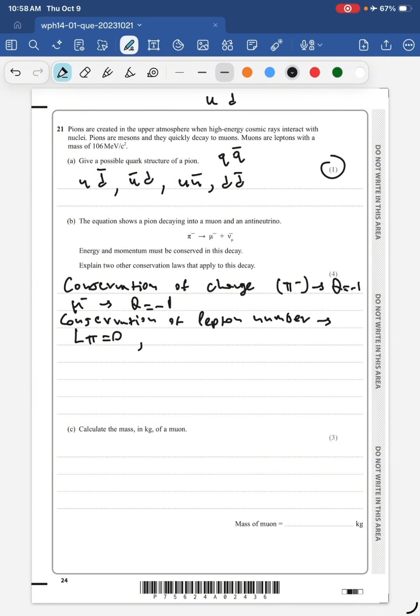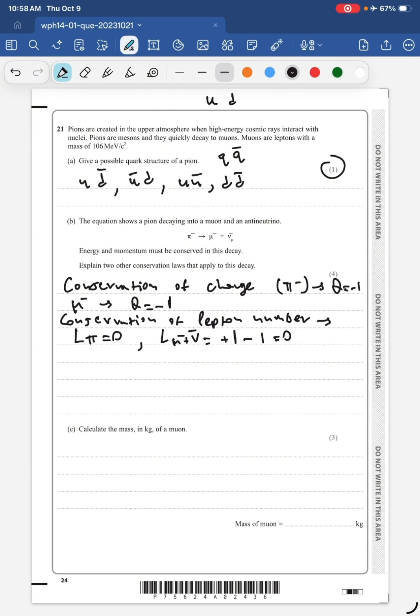But then the lepton number for the muon plus the neutrino is also 0. It's +1 for the muon, -1 for the muon anti-neutrino, okay? So it's also 0.